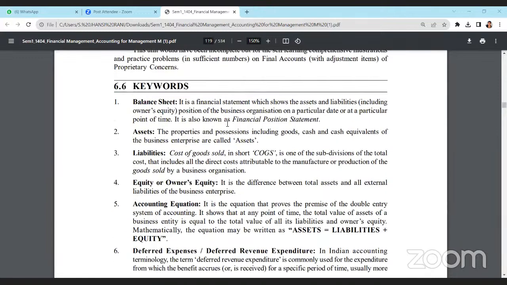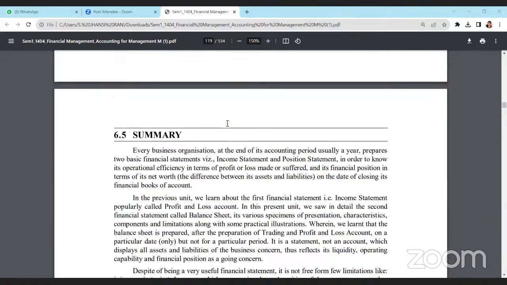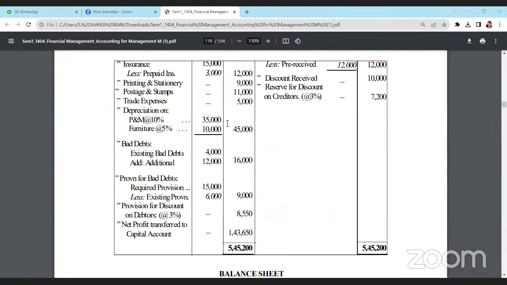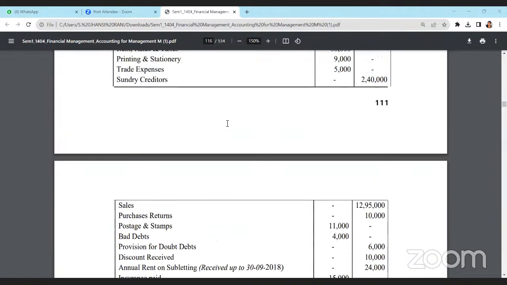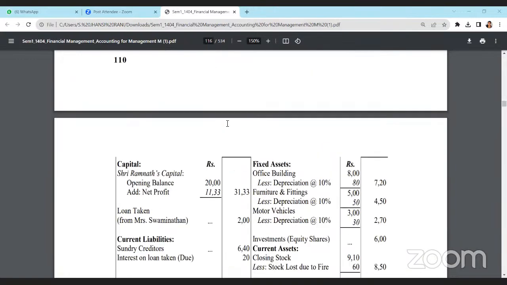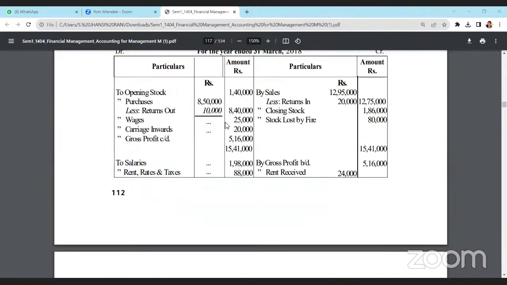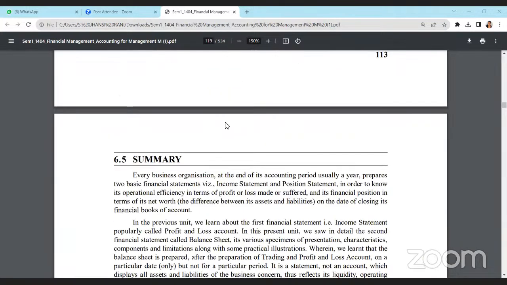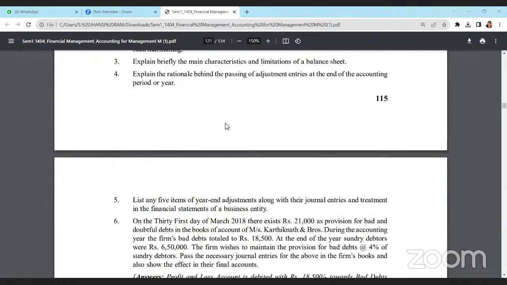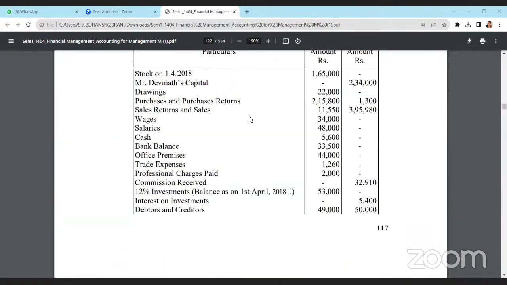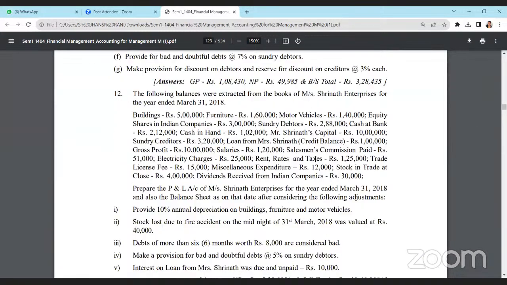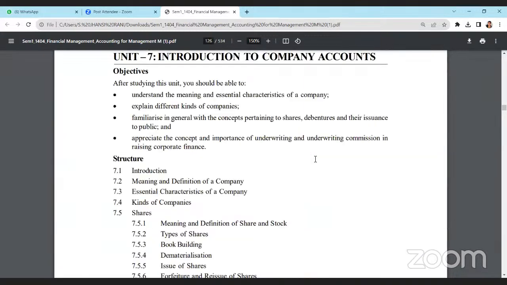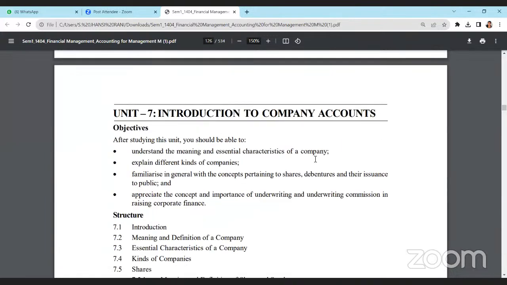Now, in today's session, we will try to understand the company accounts and how they are prepared. That is block 2 and chapter 7, introduction to company accounts.